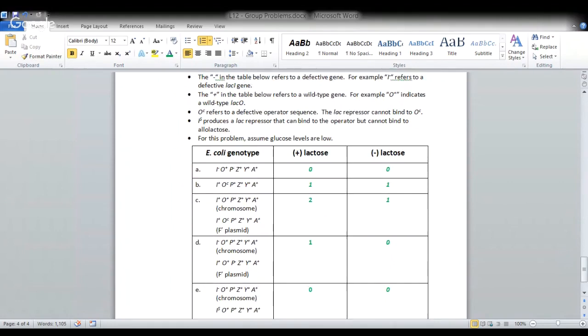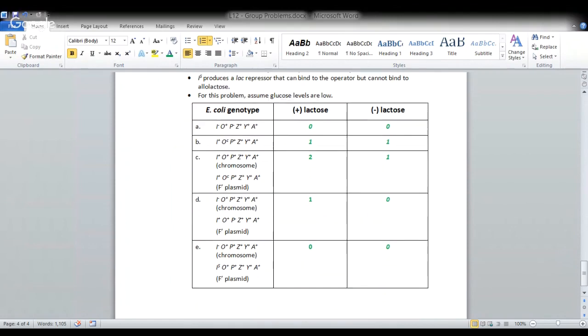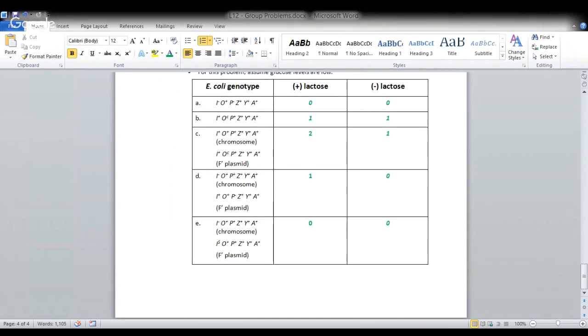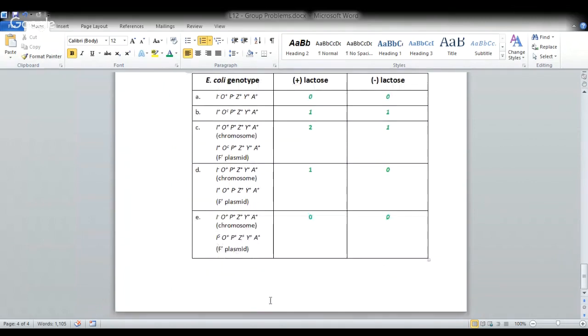B, we're going to have 1 of each, so wild type and defective. C, we have 2 wild type, and we got 1 defective. And then D, we got 1 wild type and 0 defective. And then for E, we got zeros once again, just like A. So they're 0 defectives. So that's kind of how we did ours. Hopefully we did all right.